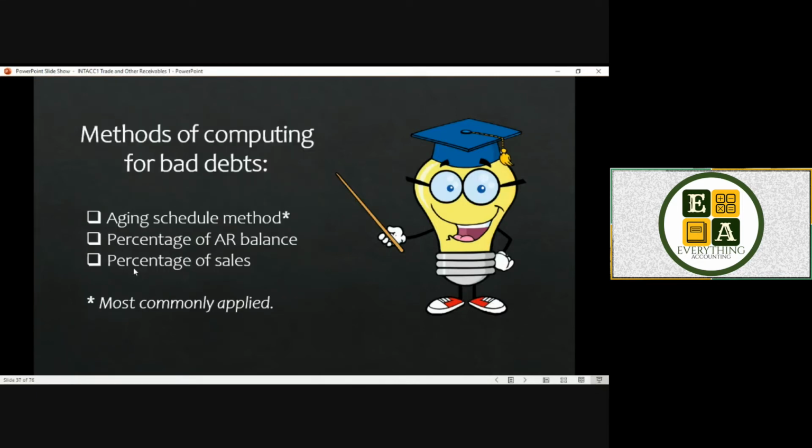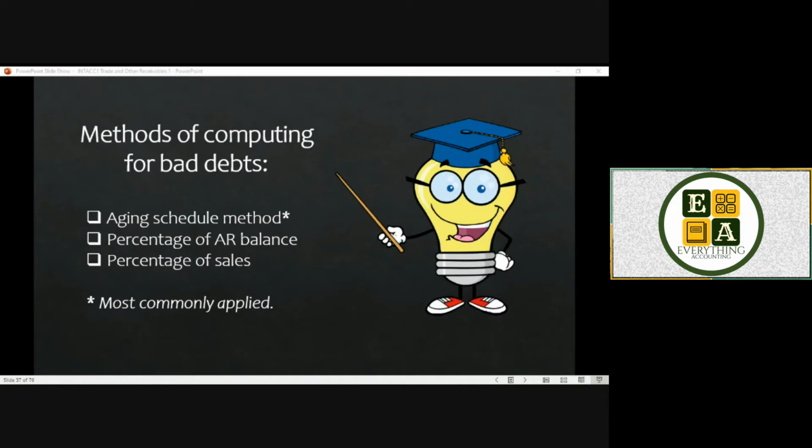Okay, in relation with the computation of bad debts, tatlong method yung applicable dyan. We have the aging schedule, percentage of AR balance, and percentage of sale. Among the three, commonly applied yung aging schedule, and the aging schedule is most consistent with PFRS 9 kasi sa PFRS 9, sabi doon, for trade receivables, gamitin ang simplified method using the provision matrix.